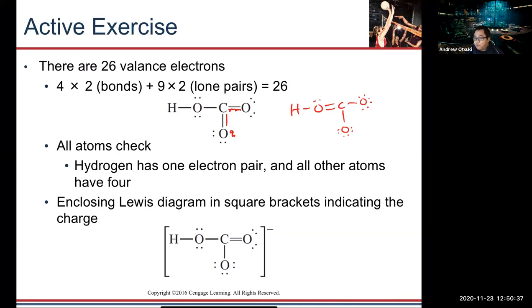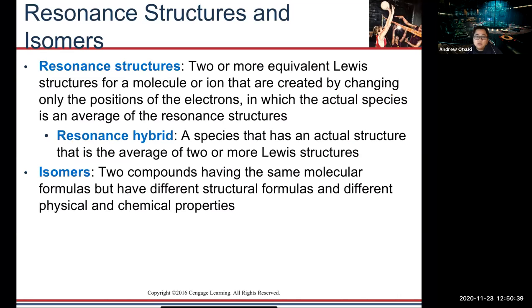So it's the same thing for resonance structures. Resonance structures are the individual Lewis structures that satisfy a chemical formula for a compound. The resonance hybrid is the true picture, the average of all of those structures.